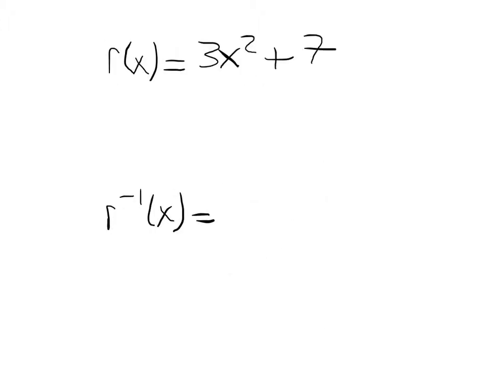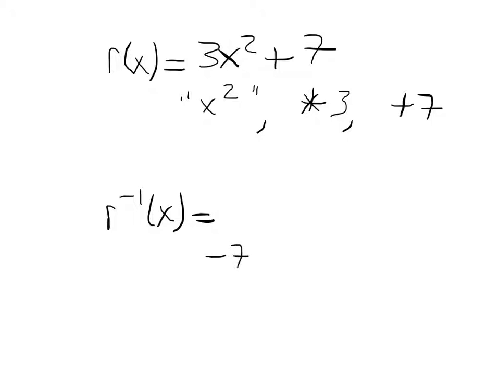So again, to find an inverse of something where you can look and see the order of operations and what you're doing to an input, what I'm doing here is I'm squaring first, and then I am multiplying by 3, and then I am adding 7. What would undo that?